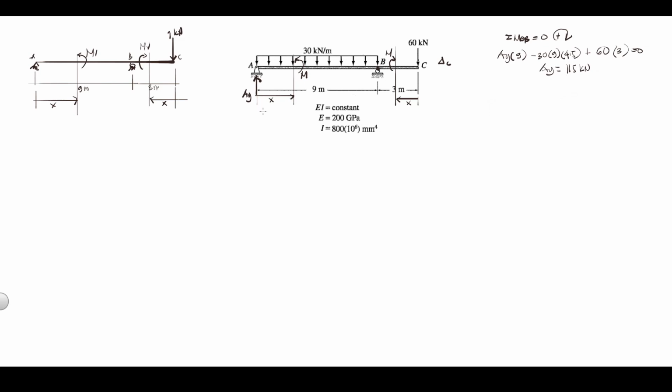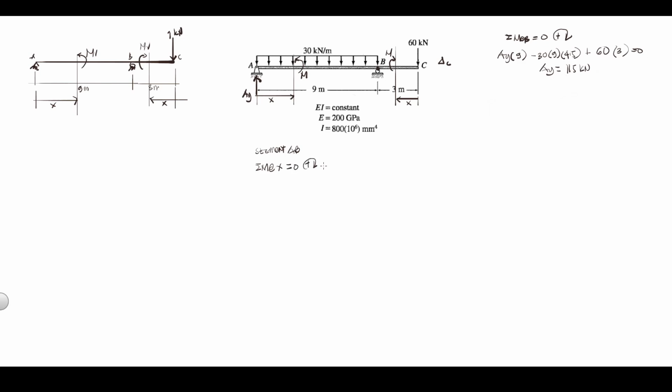So, we can now determine M for the real system for segment AB. Summation moment at point X is equal to 0, positive clockwise.